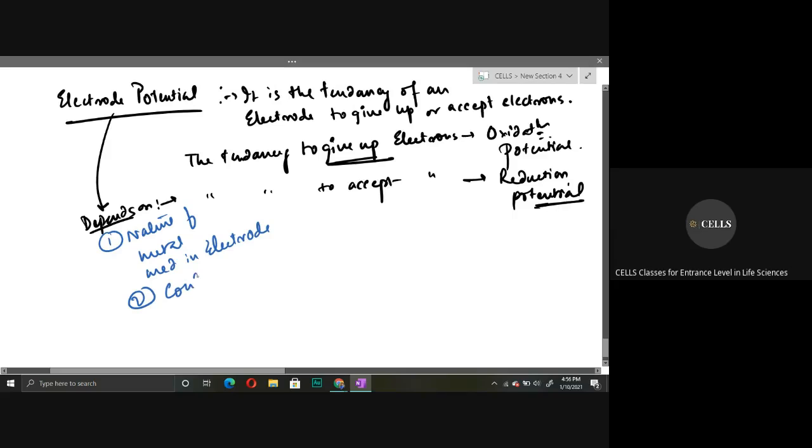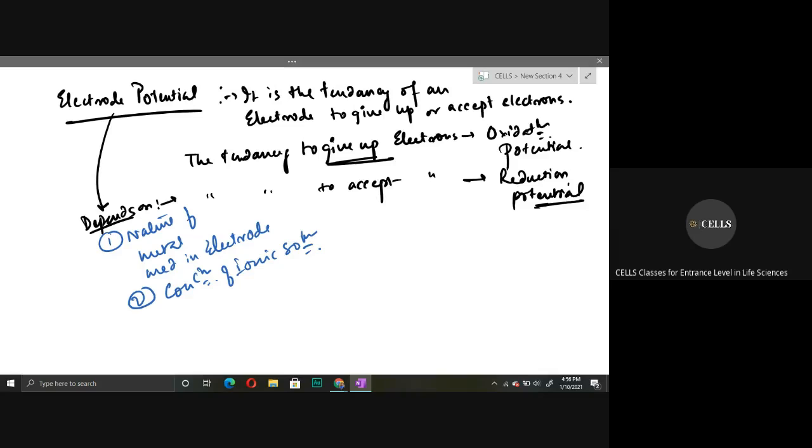Obviously if you change the concentration, it will change the tendency, because concentration and affinity have a relation. A concentrated NaCl solution and a dilute NaCl solution will have different affinity, right?